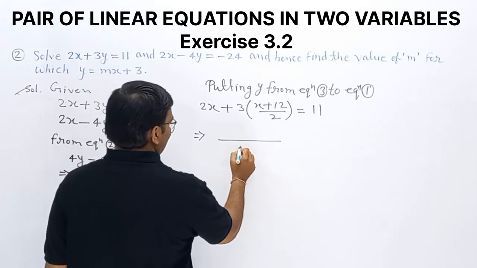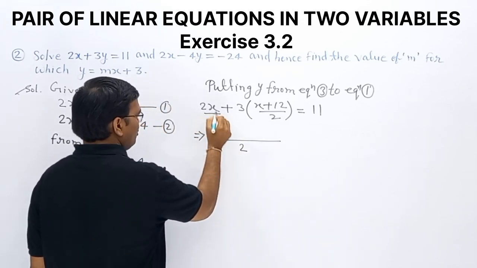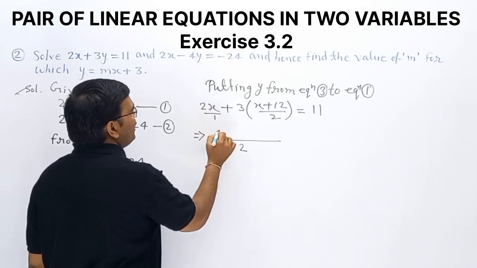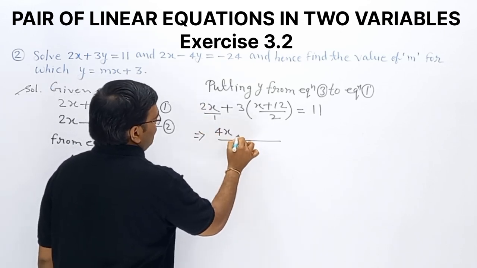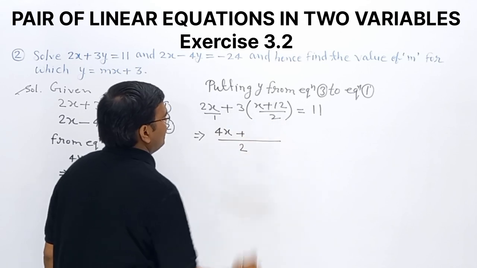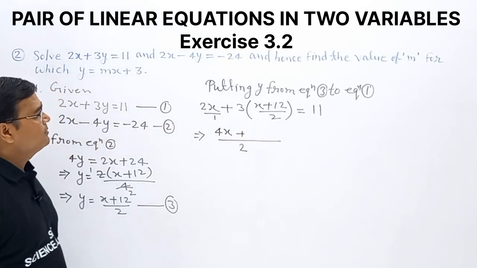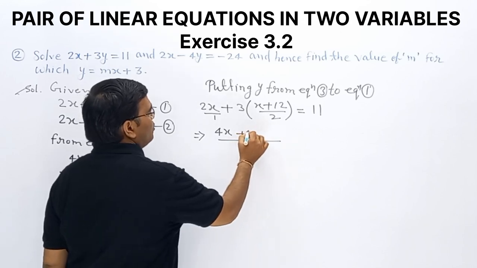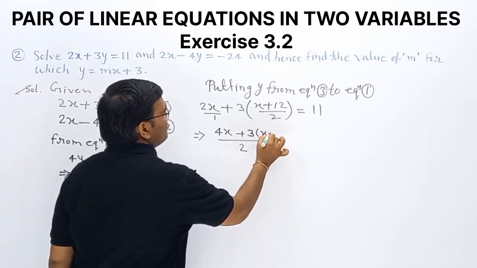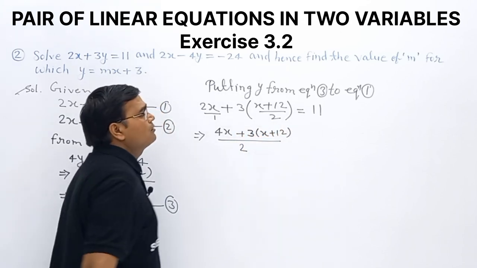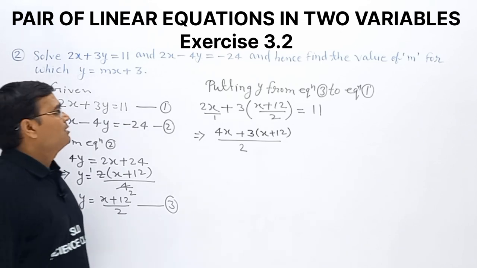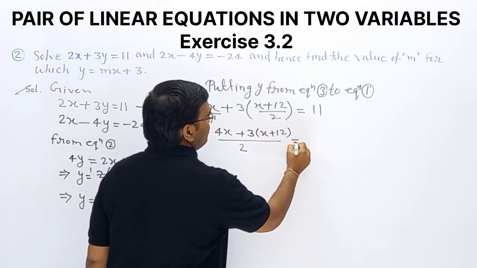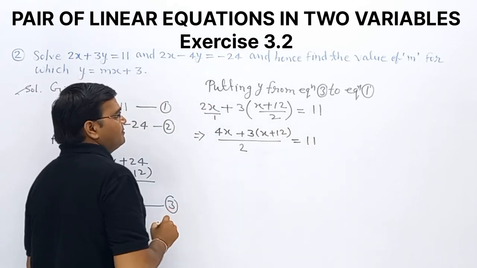If the denominator is 1, 2 times it goes, the answer will be multiplied by the numerator: 4x plus, one time it goes, so we get 3 times x plus 12. Yes or no? Clear? For this and this one, the LCM is 2, and I am solving, equal to 11. Clear?